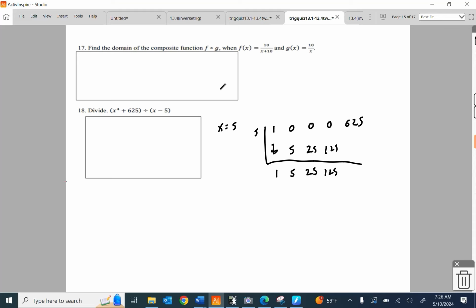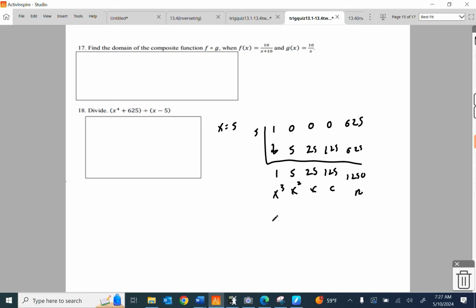I was expecting this to come out to be, well, this is just horrible. I guess it's not a perfect one here. And we multiply, and we add, which is going to be 1250. Remainder, constant, x squared, x cubed.